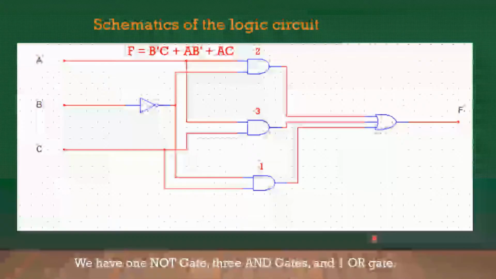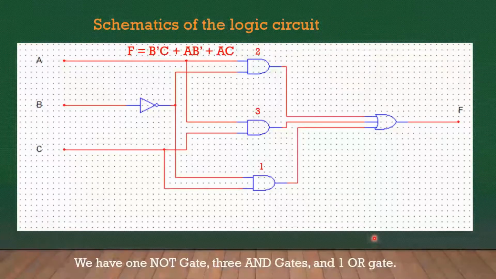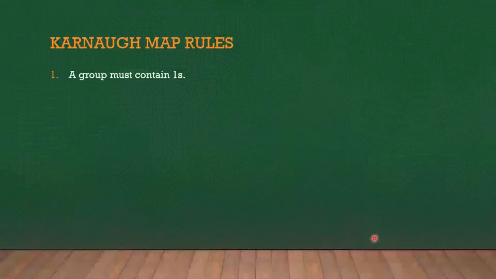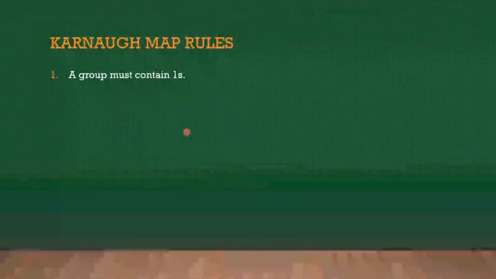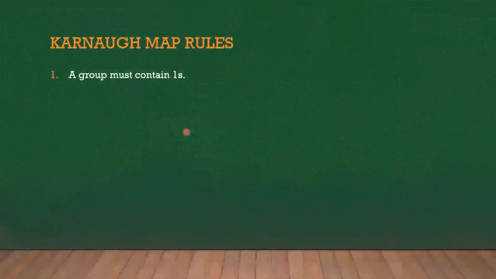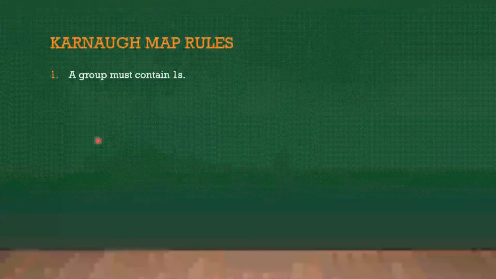Okay, the Karnaugh map rules. Here I just want to discuss 8 basic rules, and we take ones. We can also take zeros with the same rules, except just taking the NOT side, but for simplicity, we take ones. A group must contain ones.